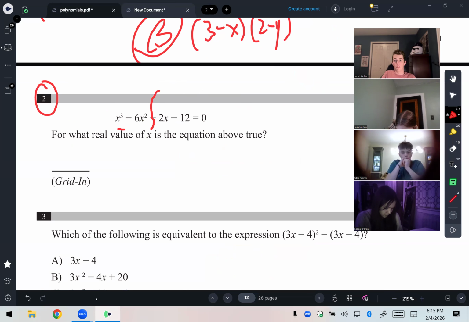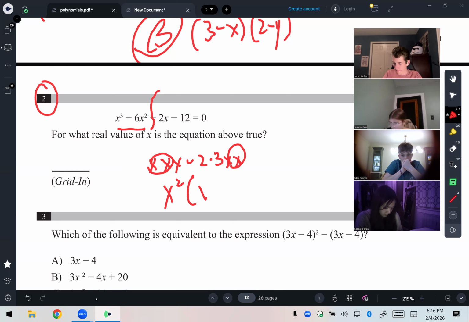So here, do you see I could take, if I have x minus 2 times 3x, I'm taking out an x squared. And that's going to leave me with an x minus 6.